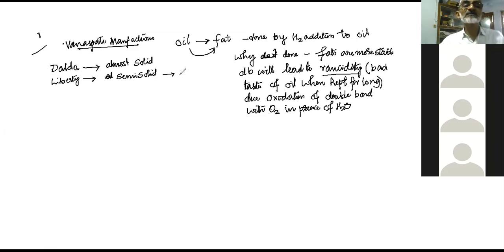So they do the hydrogenation, they continue with the hydrogenation till the required nature of the product is obtained.